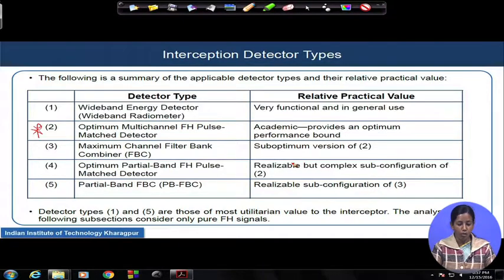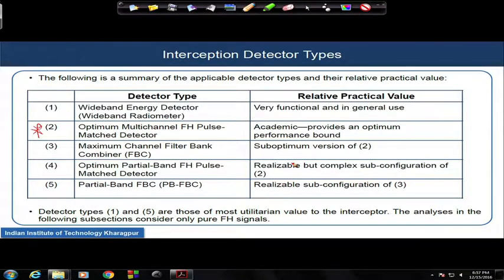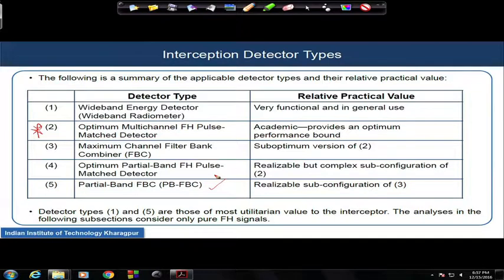These are all the kinds of detectors available in the literature and discussed in several books also. Out of all those five, the realizable detector structure is only the PBFBC or the optimum partial band frequency hopping pulse matched detector.